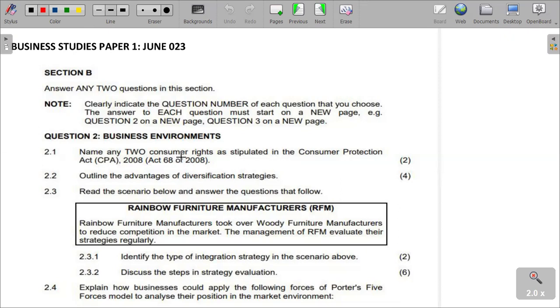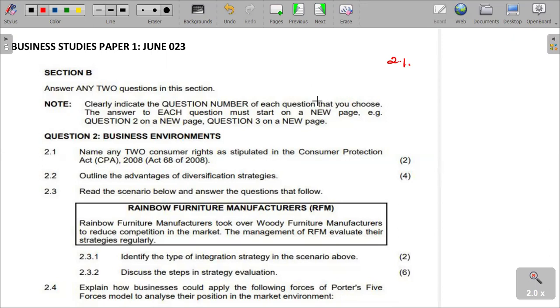In this case, I would want you to understand that you need to know our legislation. We have got various acts that you need to know. So the question wants us to talk about the rights of consumers as covered under the Consumer Protection Act, question 2.1. What are those rights?